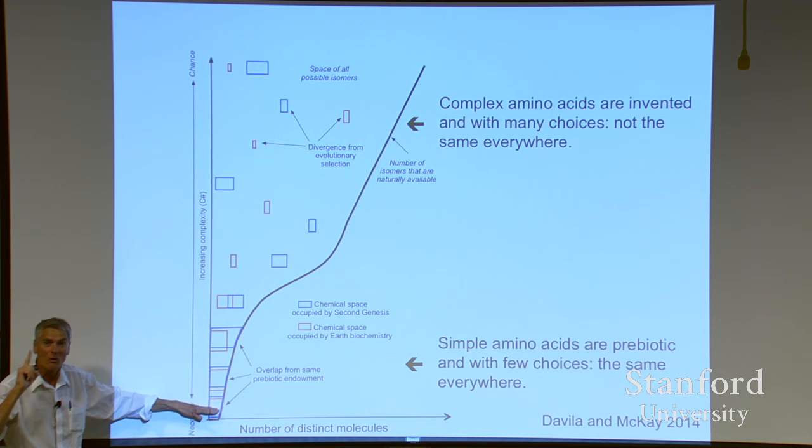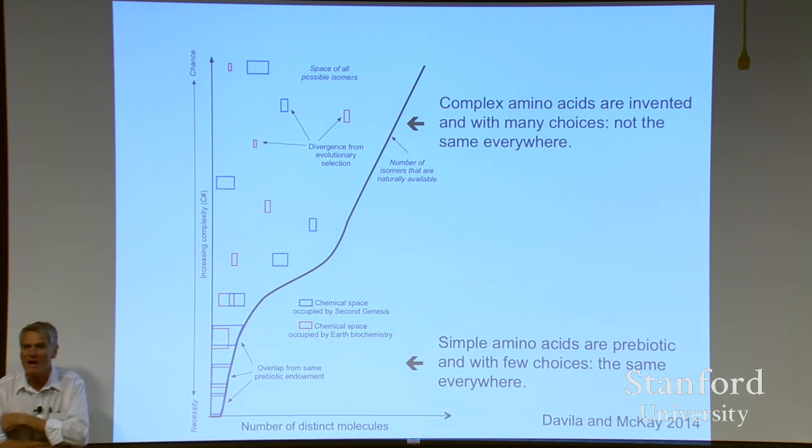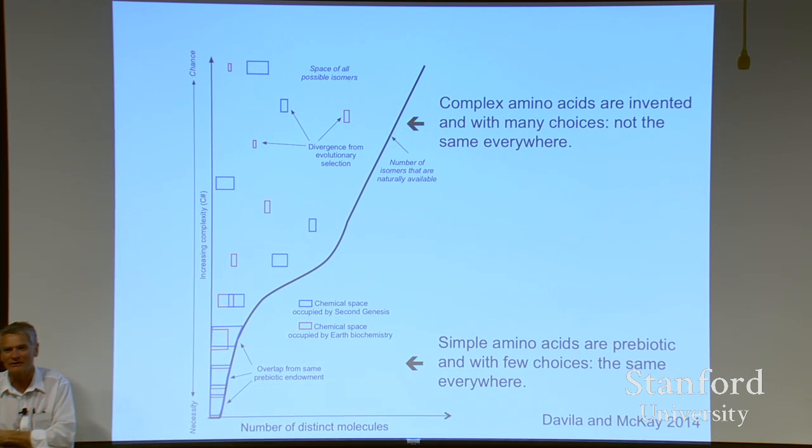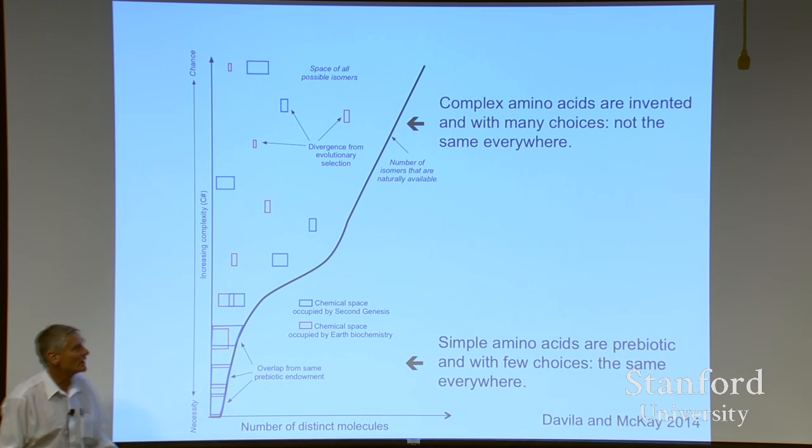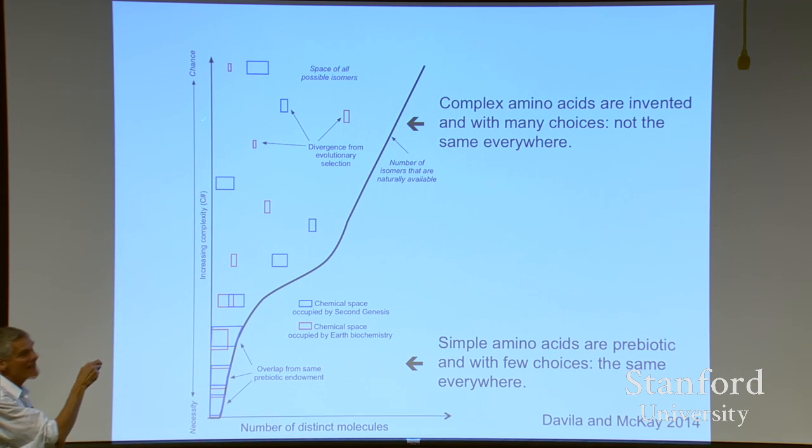If you tell me you've got a one carbon atom amino acid, guess its name. I get it right every time: glycine. But if you were to say I've got a 10 carbon atom amino acid, guess its name, there's like 9 factorial different versions of it, right? So I'd be guessing for a long time.